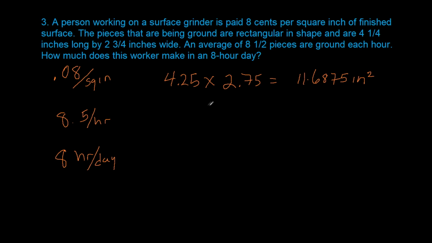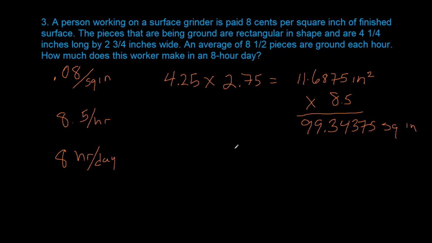Now we can do 8½ of these an hour, so times 8.5. So in 1 hour's time, you can grind a combined area of 99.34375 square inches.